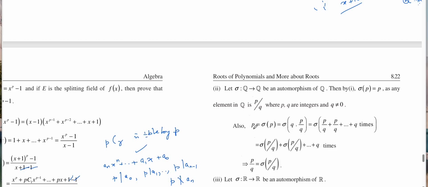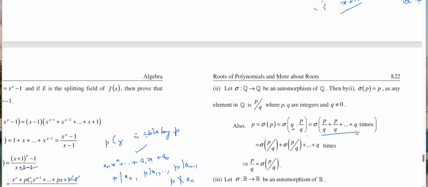Now p being an integer, p is equal to sigma of p, because as far as integers are concerned, sigma is only the identity. So you can write the integer p as the image of p under sigma. But this is rewritten as q times p by q. Sigma is a homomorphism, so you can write it like this.